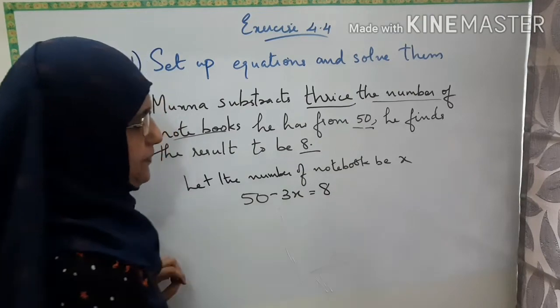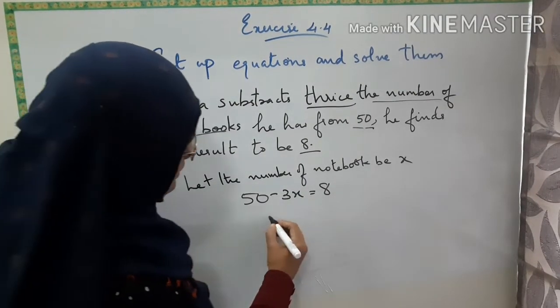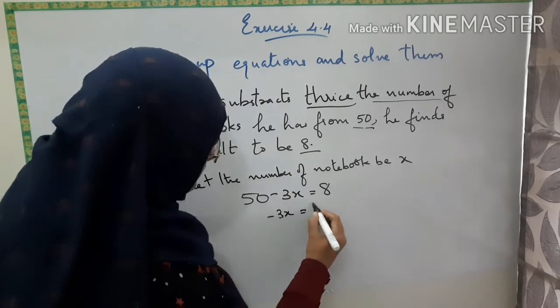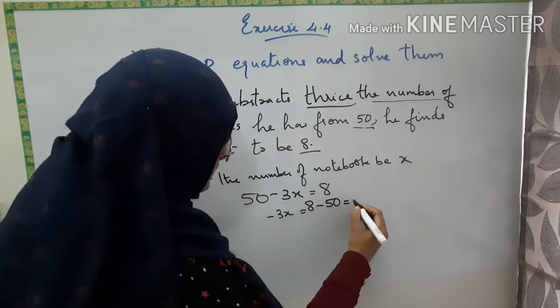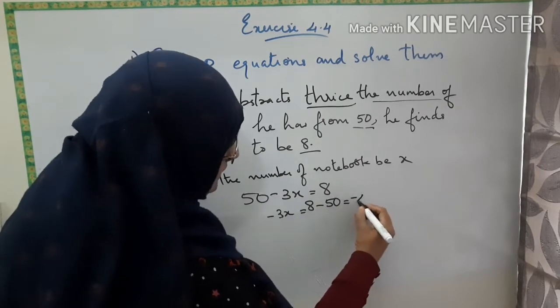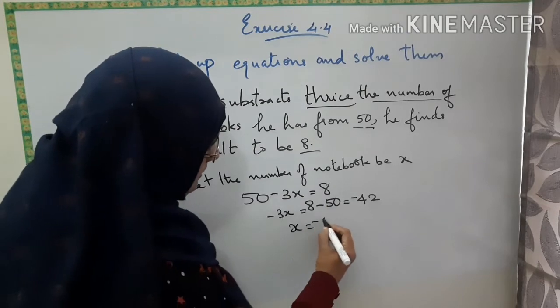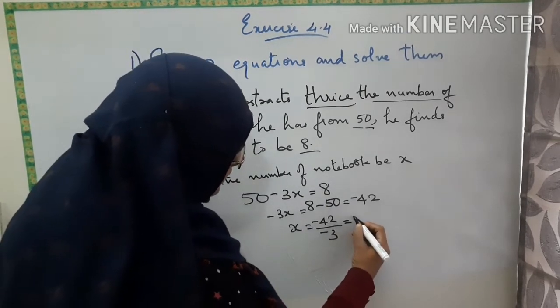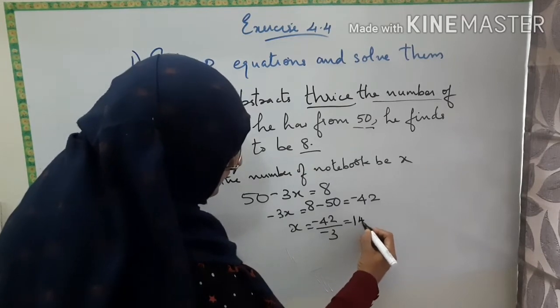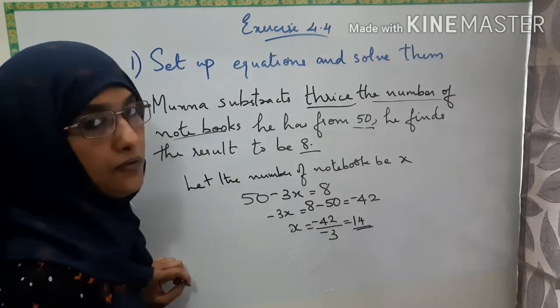That is, 50 minus 3x is 8. Now solve the equation. Minus 3x equals 8, 50 goes to the other side and becomes minus 50. 8 minus 50 is minus 42. So x will be minus 42 by minus 3, that is 14. So the number of notebooks will be 14.